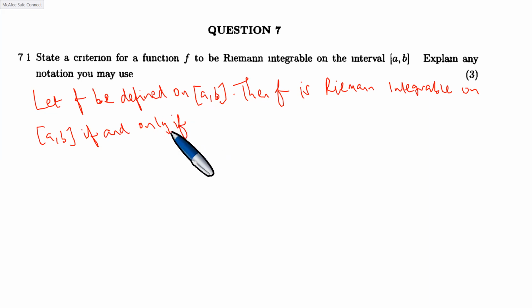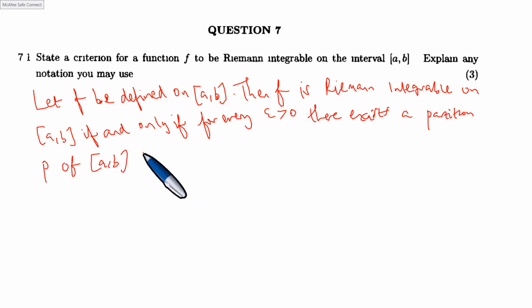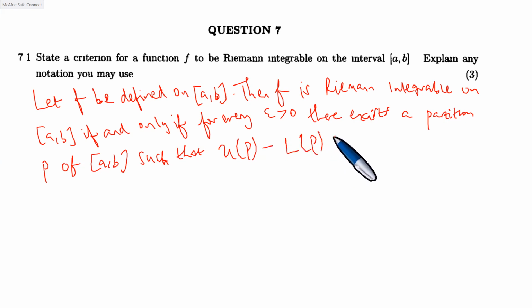if and only if for every epsilon positive, there exists a partition P of AB such that UP minus LP is smaller than epsilon.